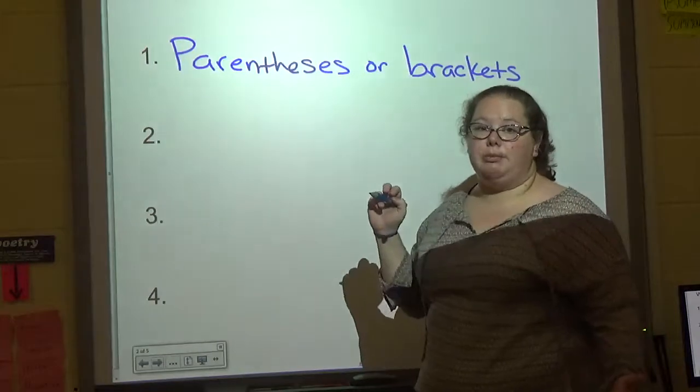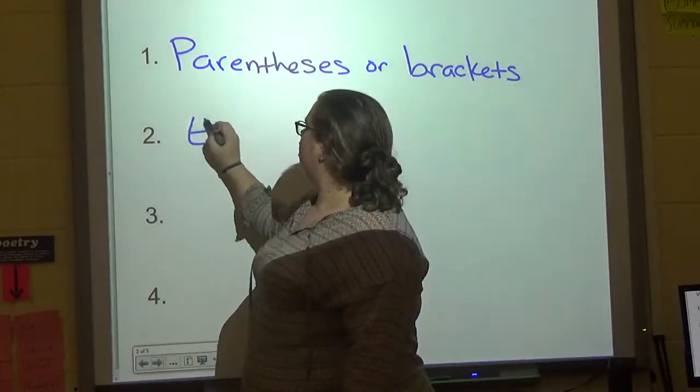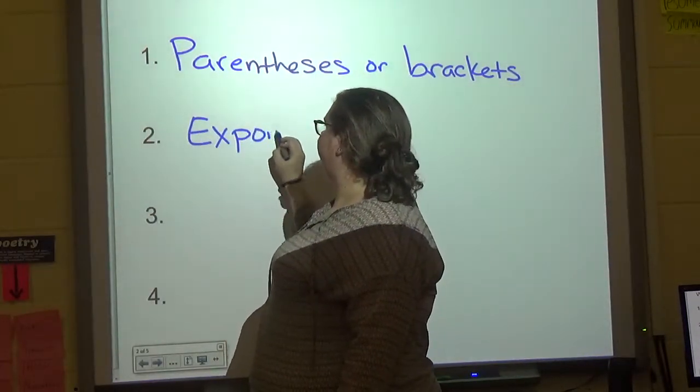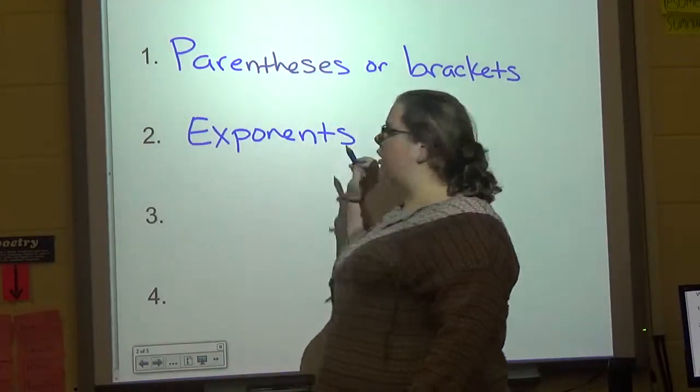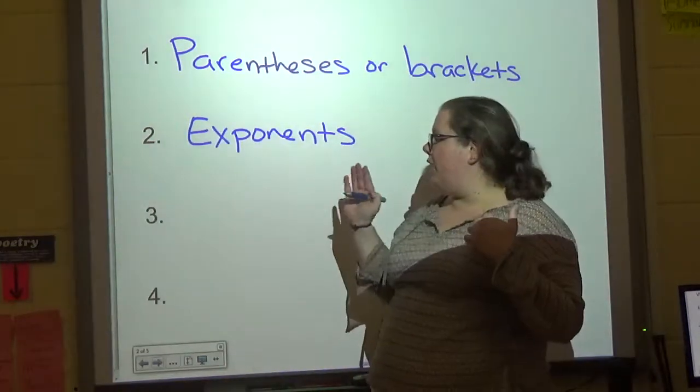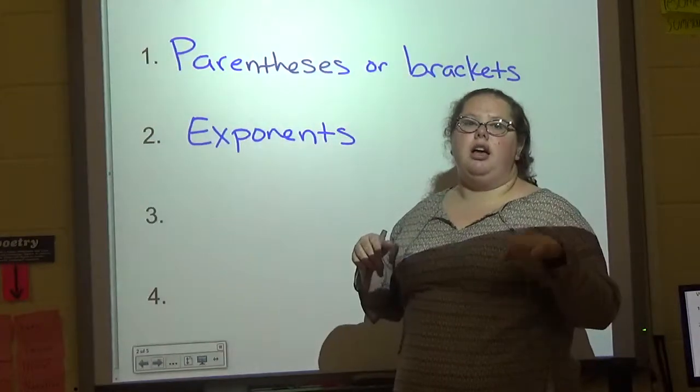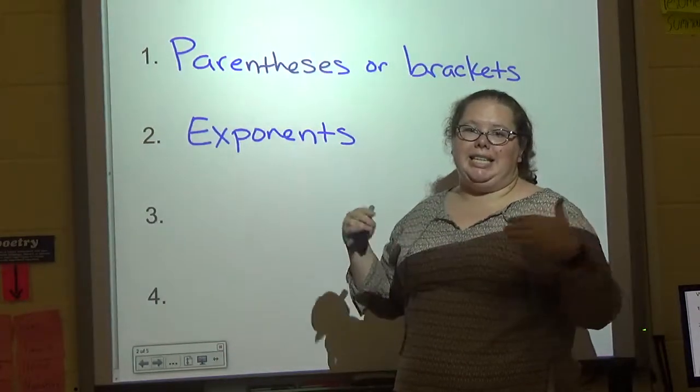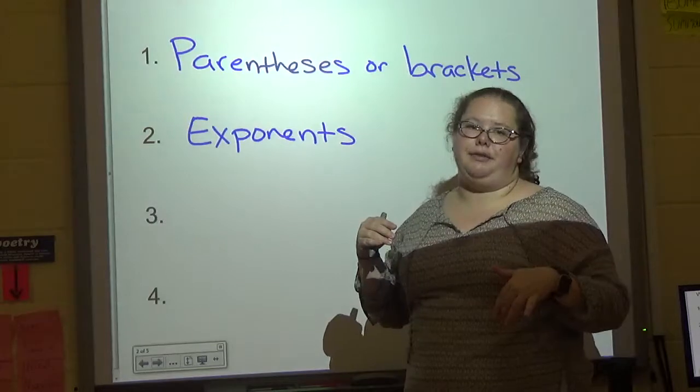The E is for exponents. M, and now here's where we shrink them together. Multiply and divide are together. It's multiply and divide from left to right.